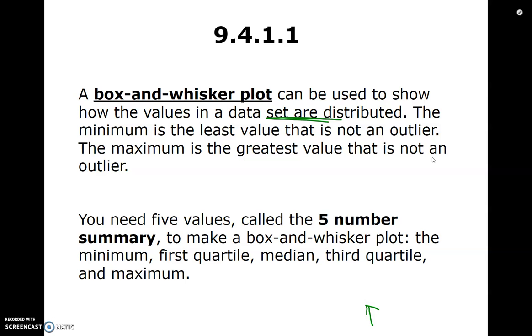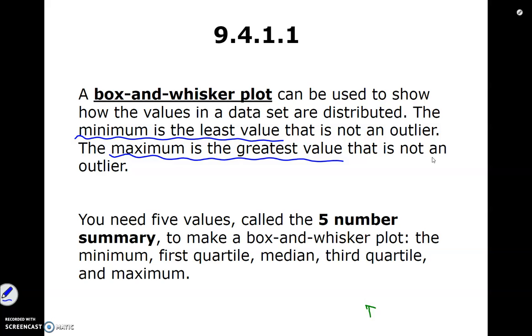We are going to use all of this information to draw a box and whisker plot. A box and whisker plot is essentially just a visual representation of how values in a data set are distributed. So we have the minimum, which makes sense that it would be the least value in that set. And then the maximum is going to be the greatest value. We're going to need to know those two things.